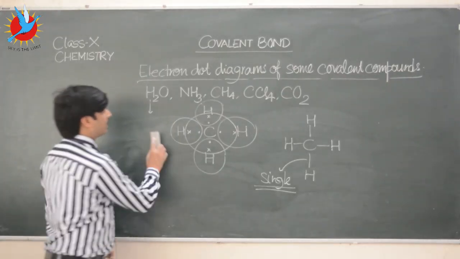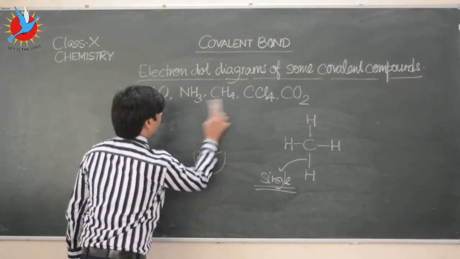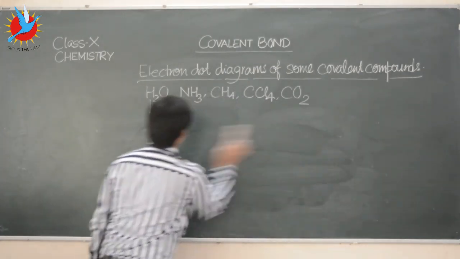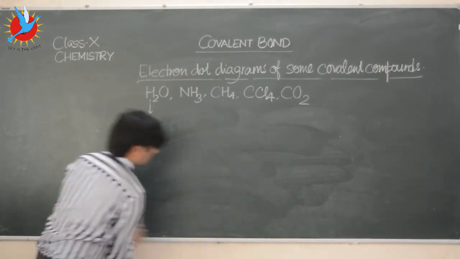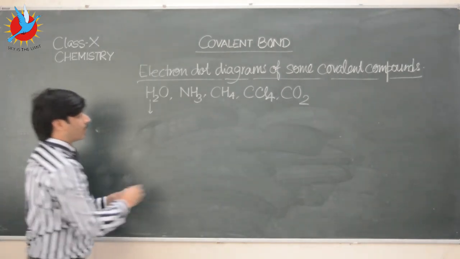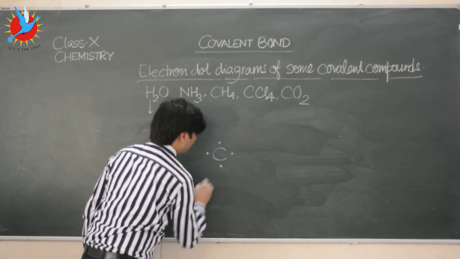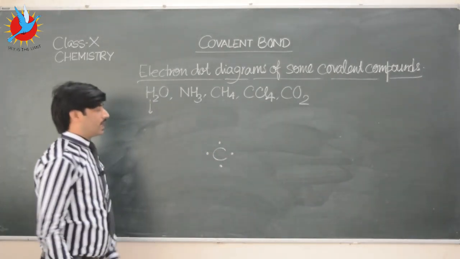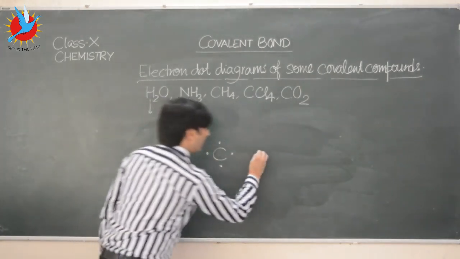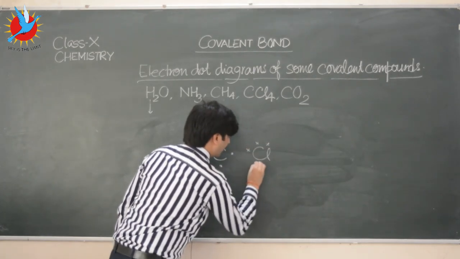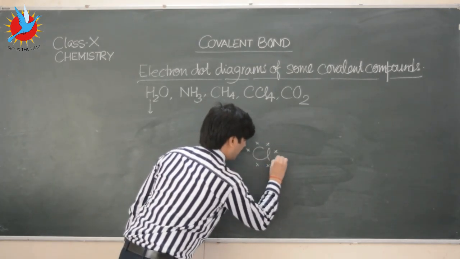At the same time, if we are talking about CCl4, carbon tetrachloride, carbon has 4 electrons. I am going to represent the electrons of carbon with the help of circle, and the electrons of chlorine with the help of cross.